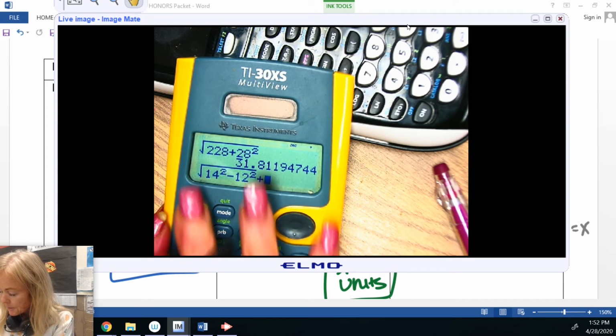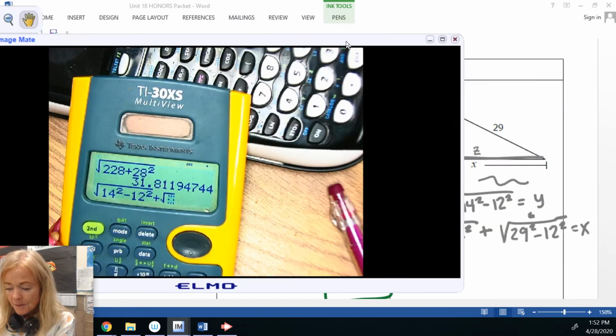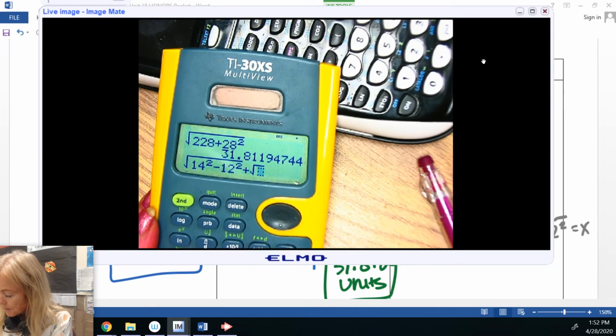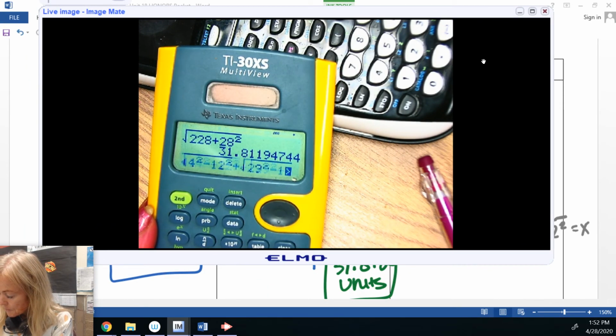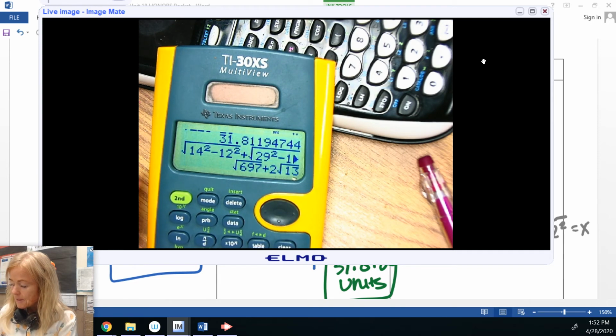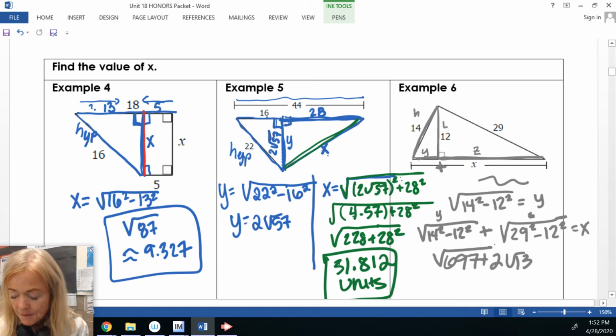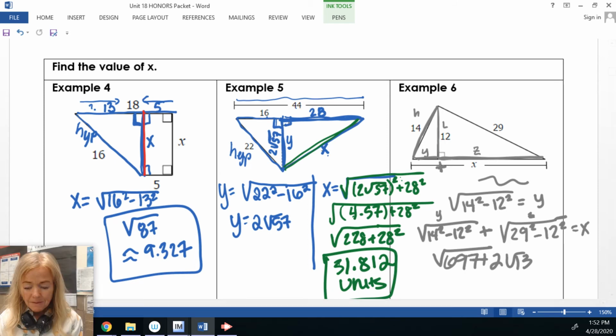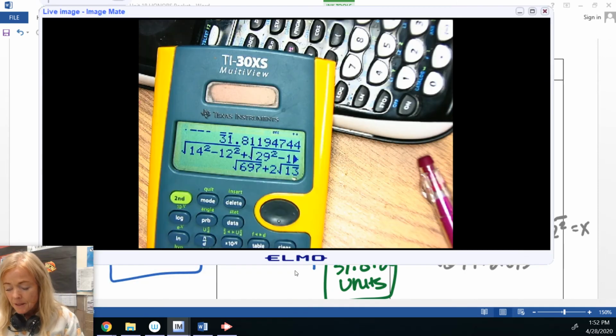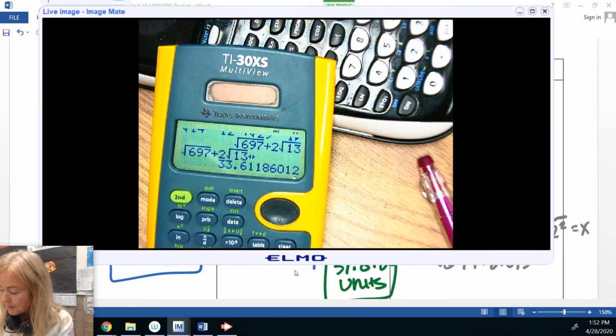And then I'm going to add to it the square root of, was it 29 squared minus 12 squared? 29 squared minus 12 squared. All right, and that's going to give me the square root of 697 plus 2 radical 13. Okay, hey, the calculator disappeared when I wrote on that. Okay, and then I'm just going to hit my toggle button. It will tell me what it is. So 33.61.